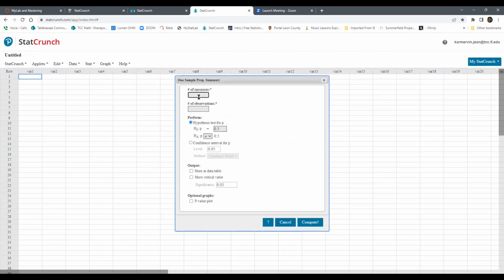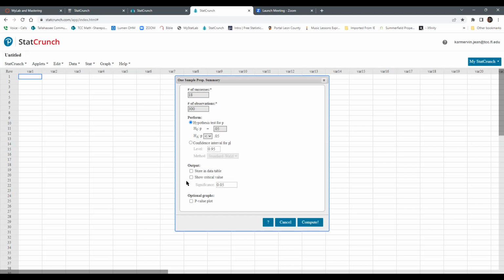Here I'm going to put the number of successes. This one says 200 targets were observed and 18 were killed, so 18 successes out of 300. For my H0, I'm going to put 0.05, and for the alternative I'm going to select less than, because they say you want it to be less than.